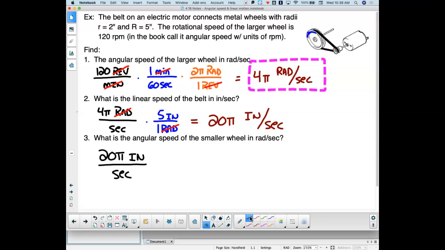We can switch that then to angular speed by saying here now that the radius of the smaller pulley is 2 inches.